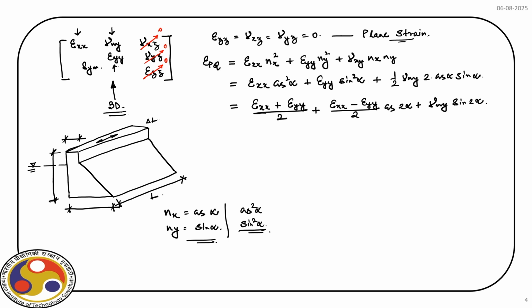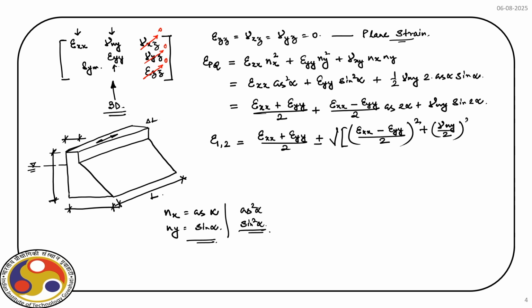Now, we can also derive the principal strains in this case, epsilon 1, 2. It will be epsilon xx plus epsilon yy by 2 plus minus square root of epsilon xx minus epsilon yy by 2 whole square plus gamma xy by 2 whole square.